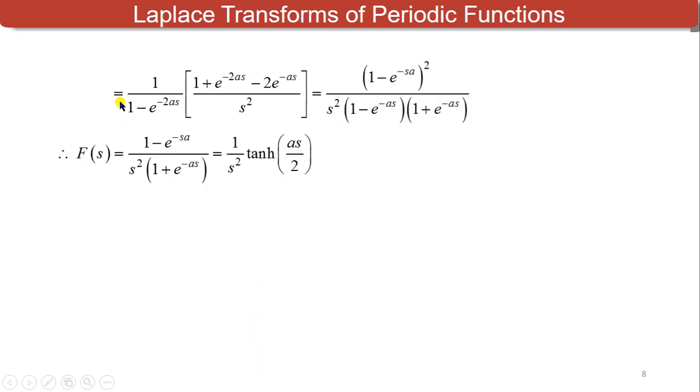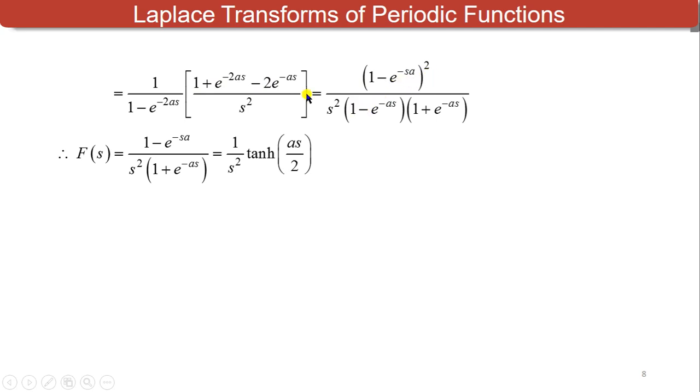Now we have 1 by 1 minus e power minus 2as into 1 plus e power minus 2as minus 2 times e power minus as. After simplifying this, this is of the form a square plus b square minus 2ab. We can write a minus b whole square, right?